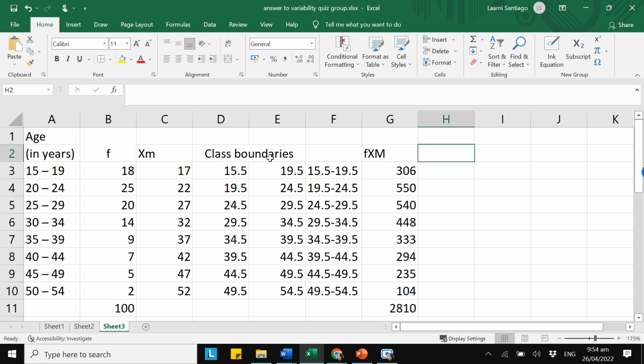Okay. So, this time we're going to be subtracting the x of m minus the mean.